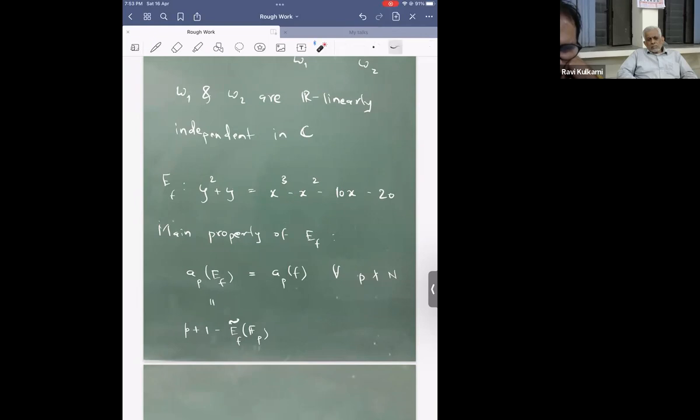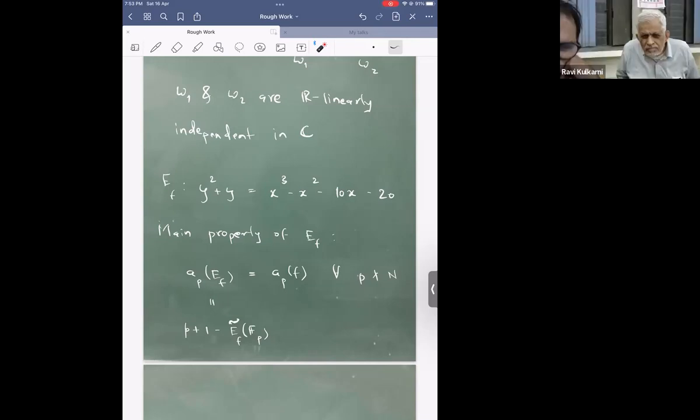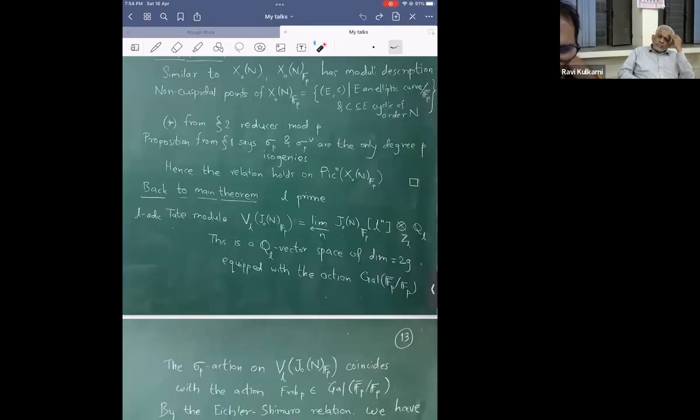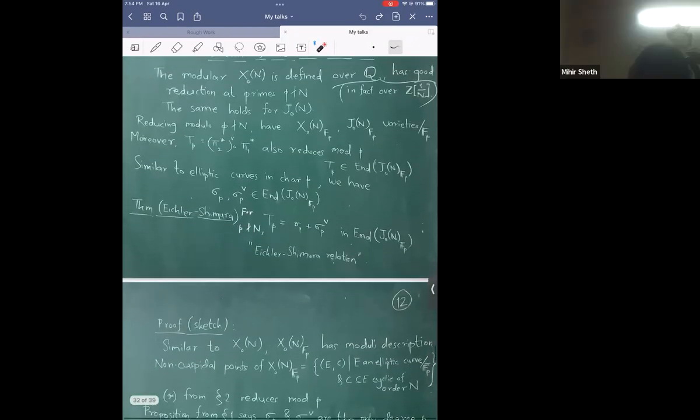Which formula? The Eichler-Shimura relation. I don't understand what to prove about the Eichler-Shimura relation that day. I am asking how that would look like in this example, T_p factorizing, and how would that look like?